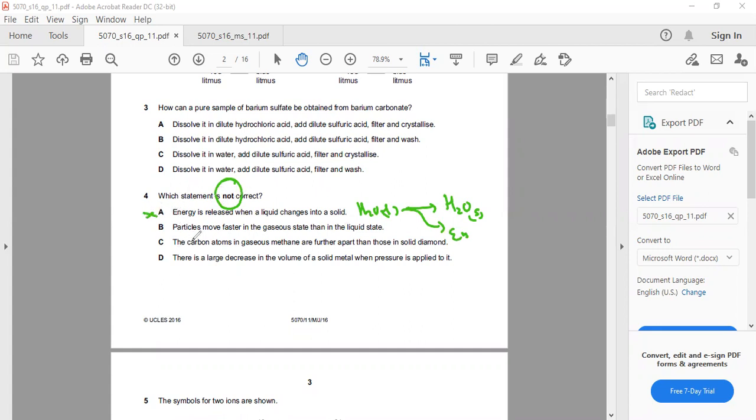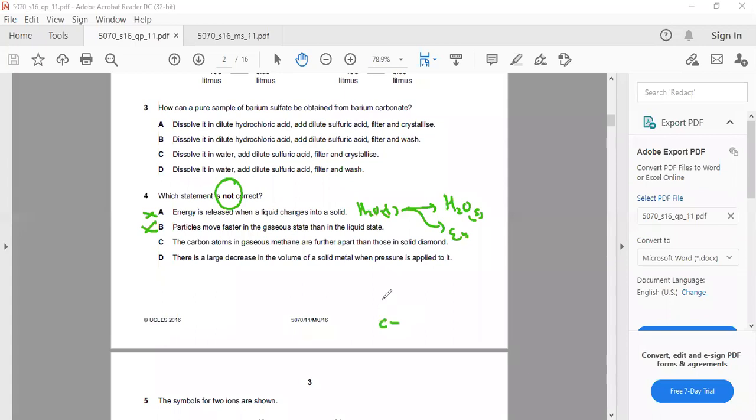So it's wrong. Particles move faster in the gaseous state than in the liquid state. Yes, but it says not correct. So it's wrong. Carbon atoms in gaseous methane are further apart than those in solid diamond. Solid diamond is like this.